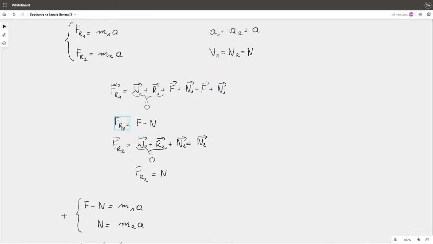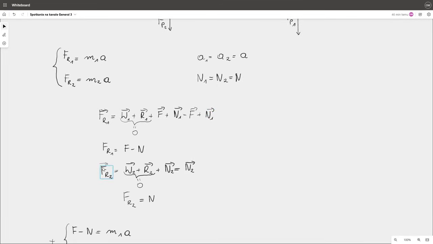And magnitude of this vector is equal to magnitude of F minus magnitude of N, because F and N1 are opposite to each other.